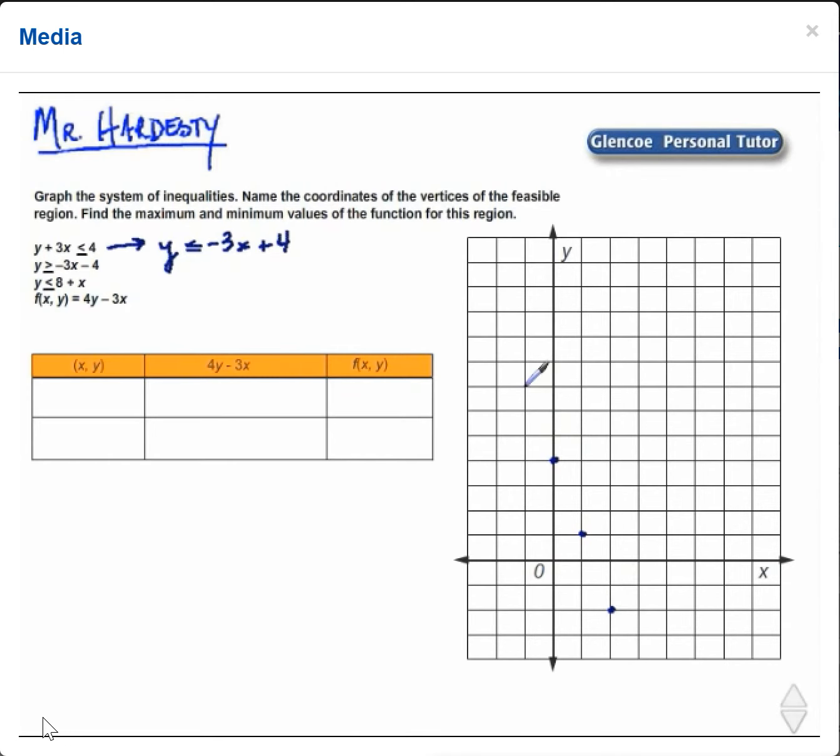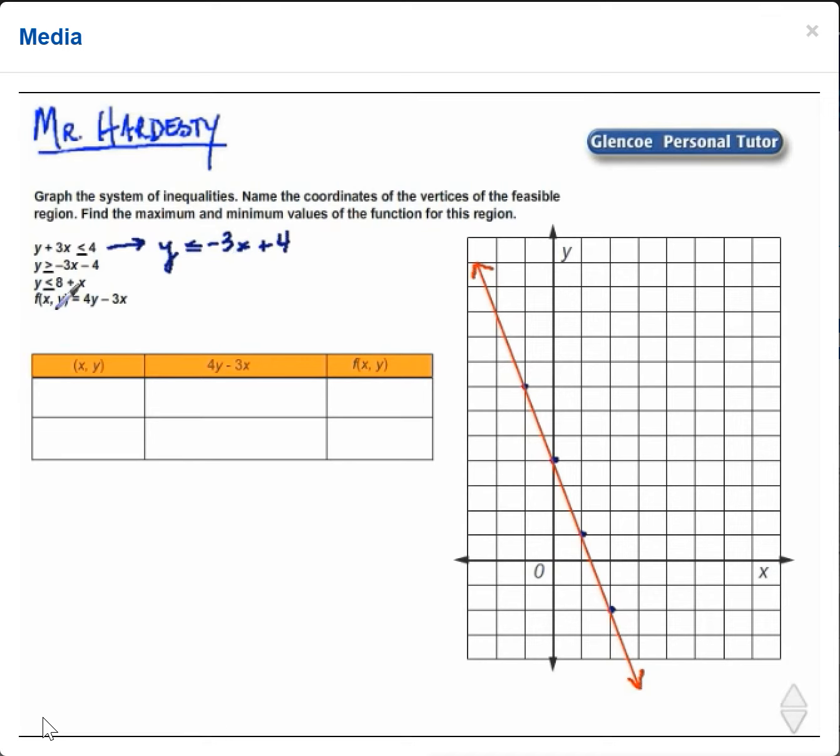We'll go up 3 and over 1 to get another point here, and we'll have graphed our first linear inequality. It's less than or equal to, so we're considering that region that is below.